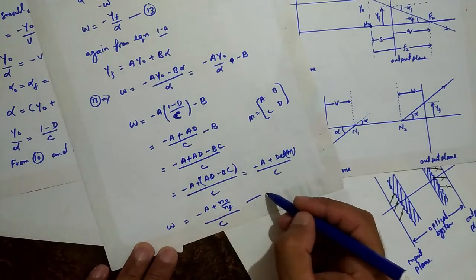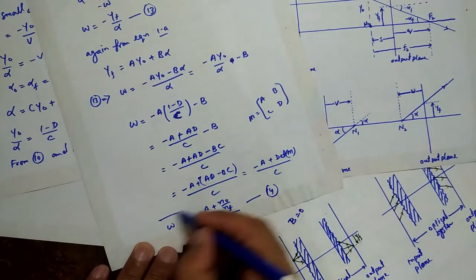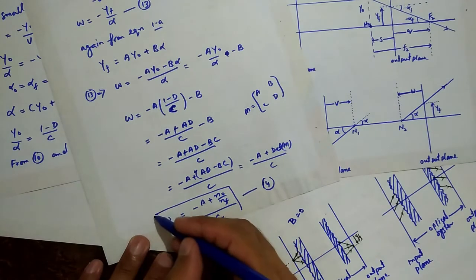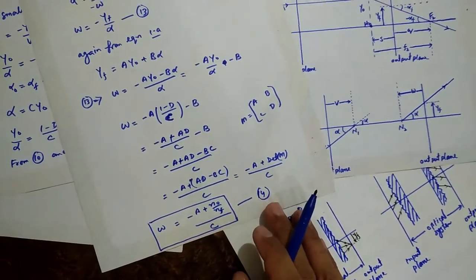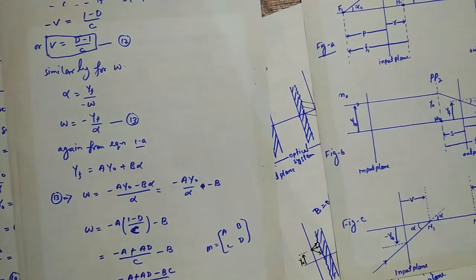So this is equation number 14. So this is the back nodal point. So we have calculated the position of all the cardinal points in terms of the elements of the system matrix.